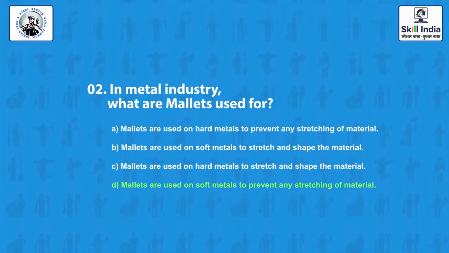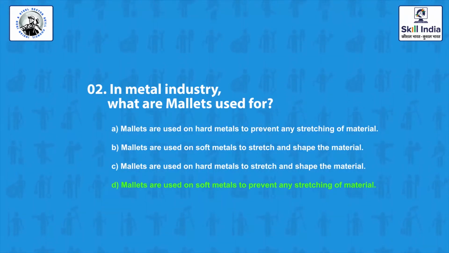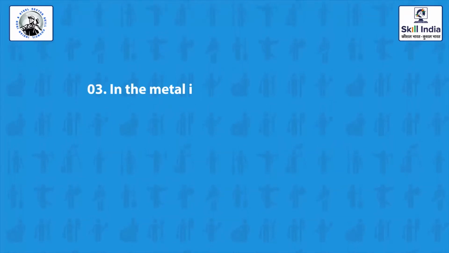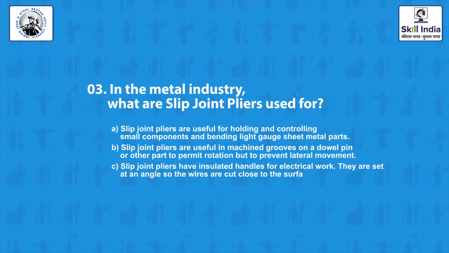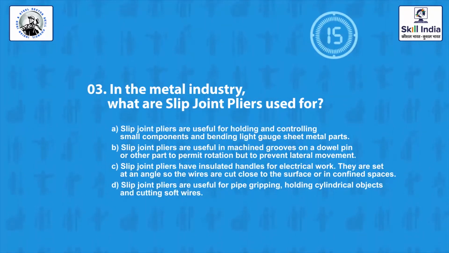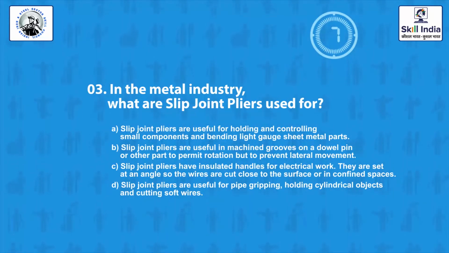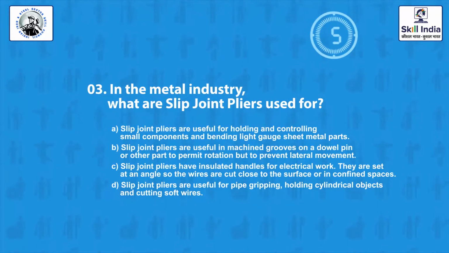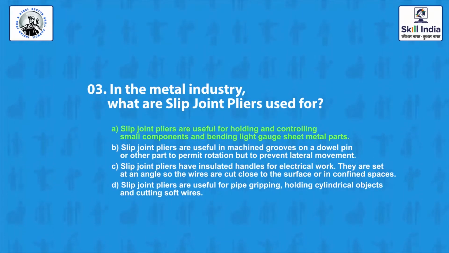Correct answer is D. Question 3. In the metal industry, what are the slip joint pliers used for? Correct answer is A.